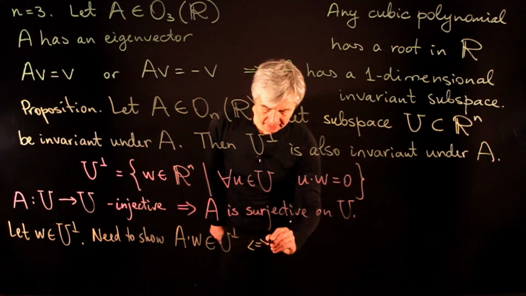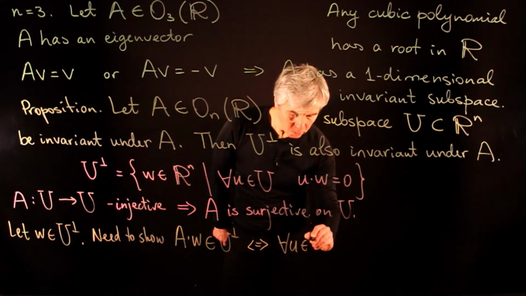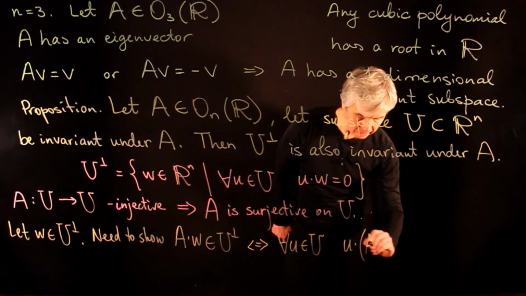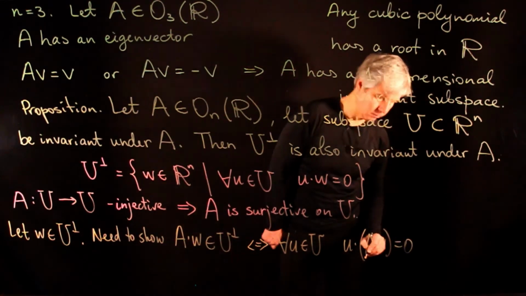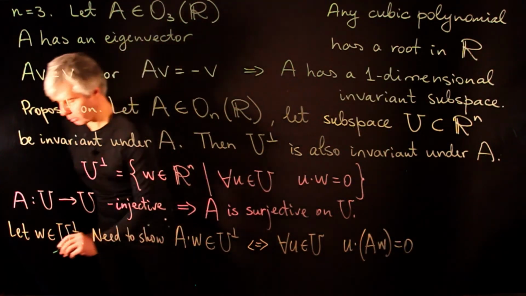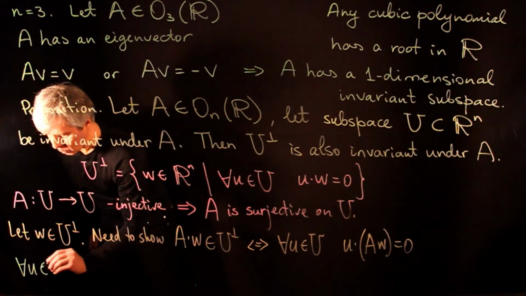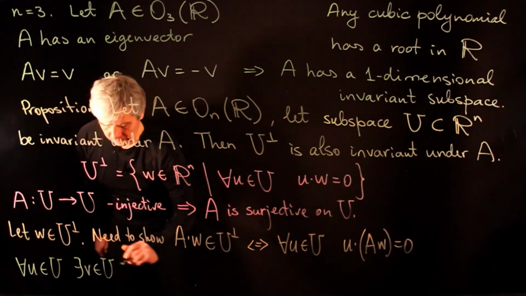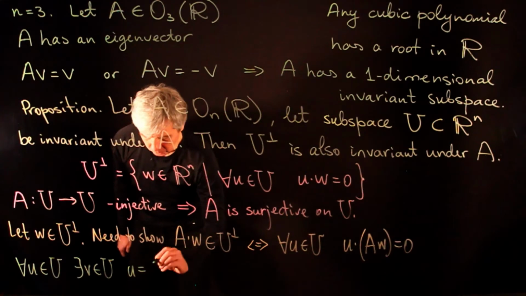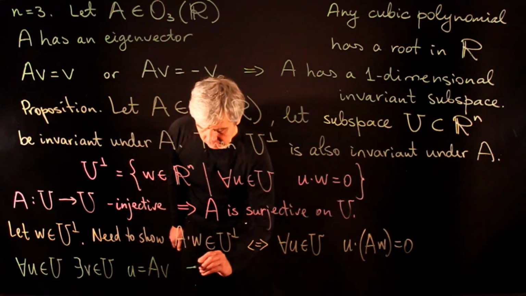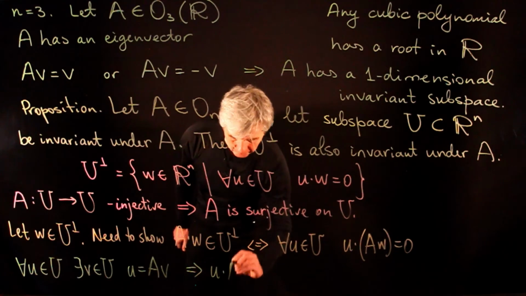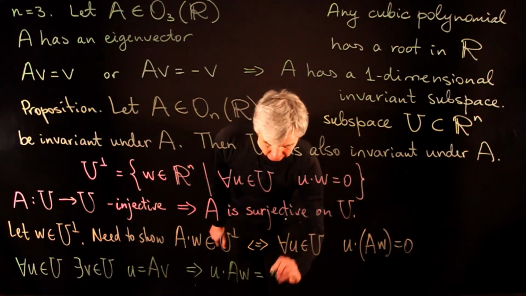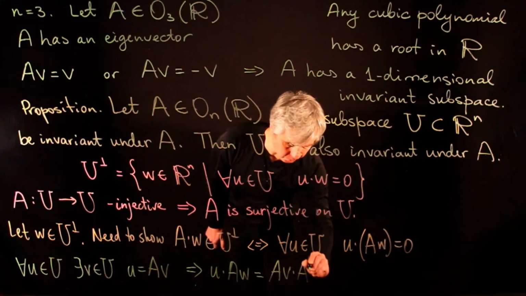This means that for all U in U, the dot product of U with AW must be 0. But A is surjective on U, so for every U in U, there exists V in U such that U is equal to A applied to V. But then the dot product of U with AW is equal to the dot product of AV with AW.